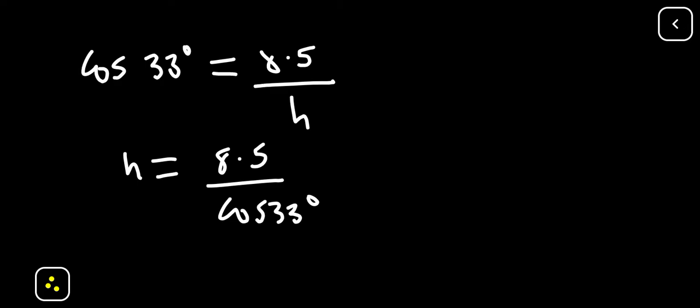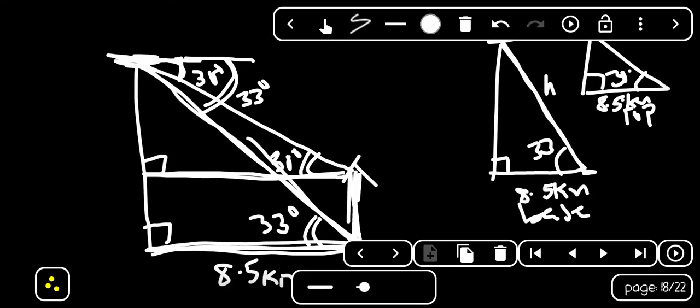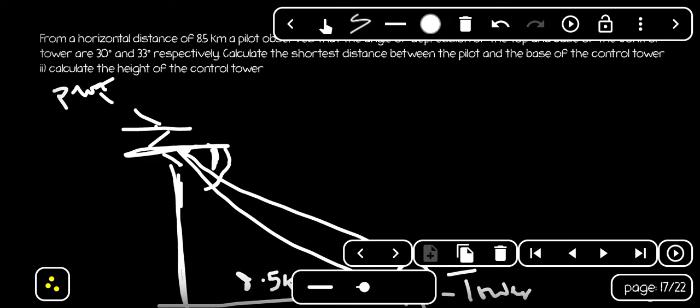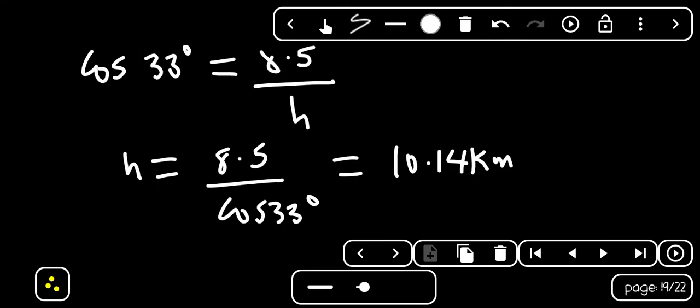And that will give you what? That should give you 10.14 kilometers. Yeah, so that is it. We found the shortest distance between the pilot and the base of the tower.